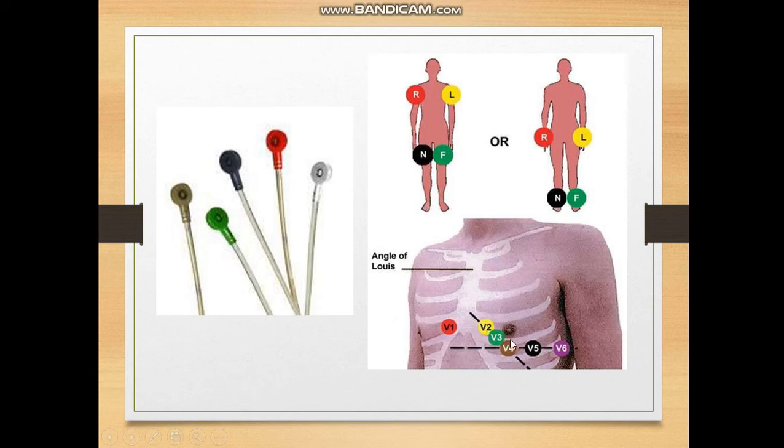Now between V2 and V4 we have to place V3. It might be on the rib, it might be in the intercostal space. Remember that V2 we place to the left side of the sternum in the 4th intercostal space, and V4 we placed in the 5th intercostal space, in the mid-clavicular line.